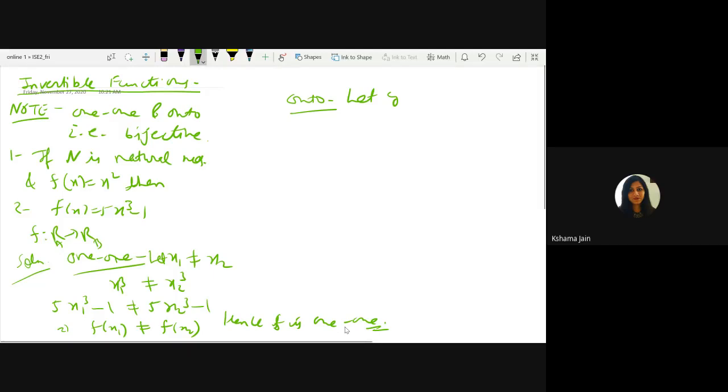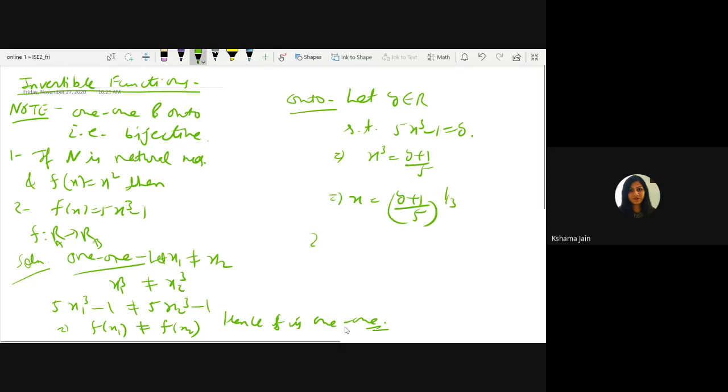Now I am taking an element of B. Let y belong to R, although I need to show this because it is R to R, such that y equals this expression. Now convert everything in terms of y: x equals ((y plus 1) by 5) to the power 1 by 3.